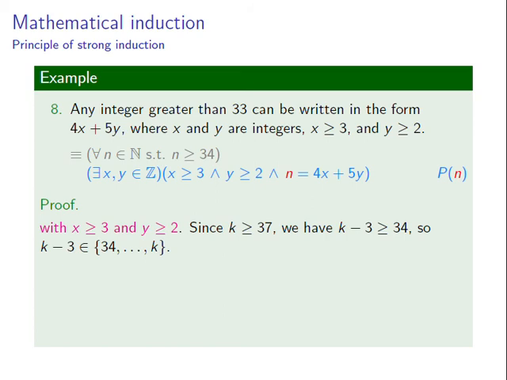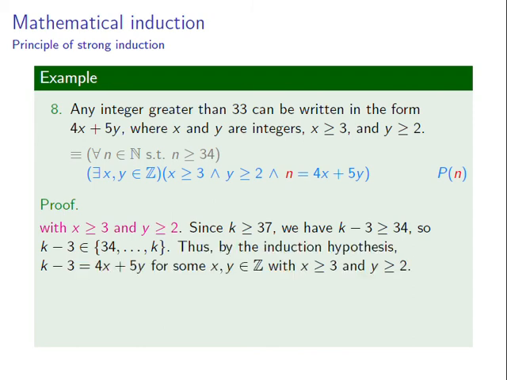So k minus 3 is one of the natural numbers from 34 to k. Hence, by the induction hypothesis, the condition P holds for k minus 3. That is, k minus 3 is equal to 4x plus 5y for some integers x and y with x greater than or equal to 3 and y greater than or equal to 2.